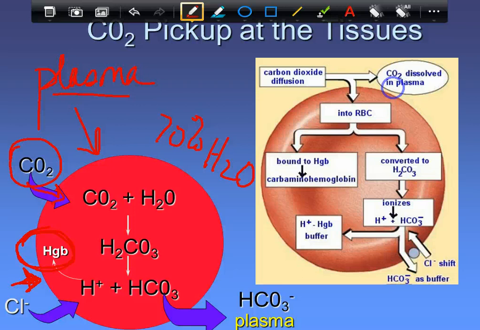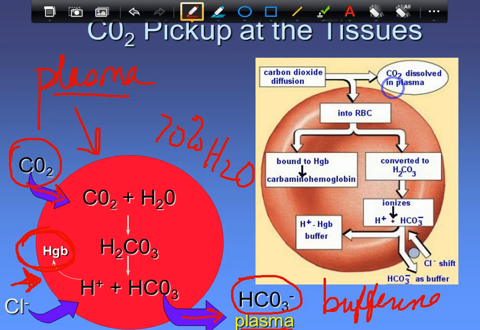Now, this bicarbonate, HCO3, it goes out of the cell. We're now back into the plasma. There's your bicarbonate right there. And it's going to be involved in buffering blood plasma to keep the blood pH 7.4. Now, notice that there's a negative charge on that bicarb.